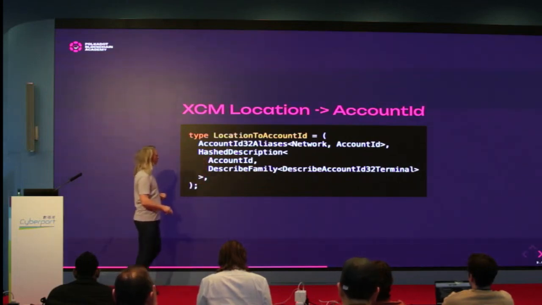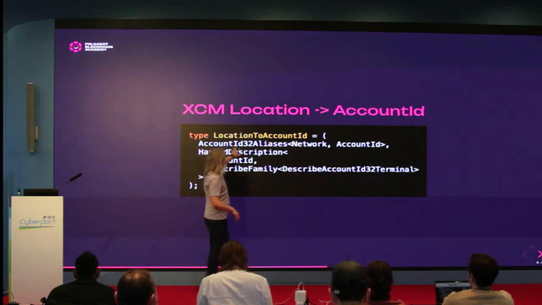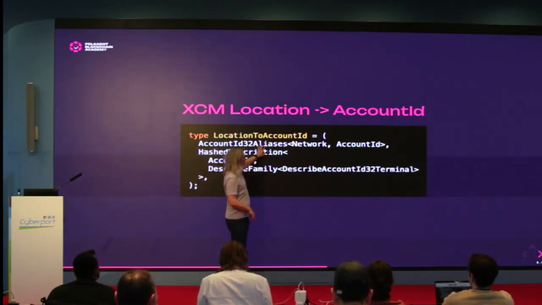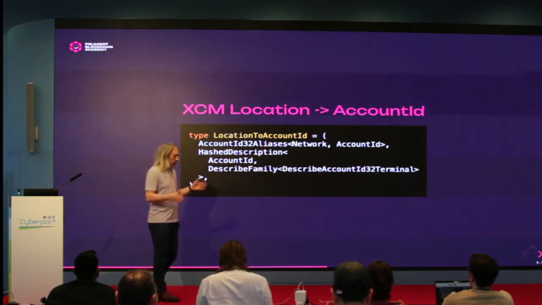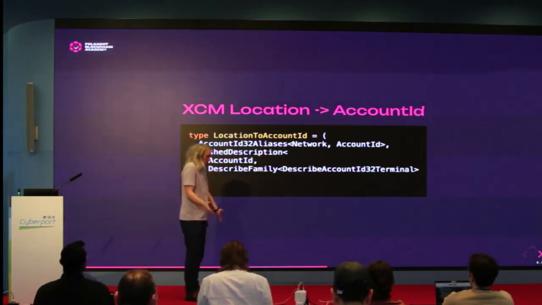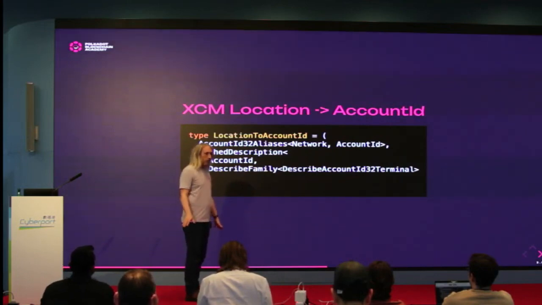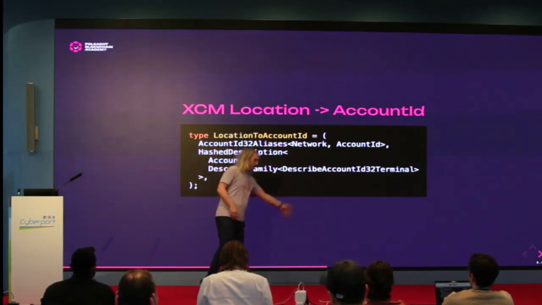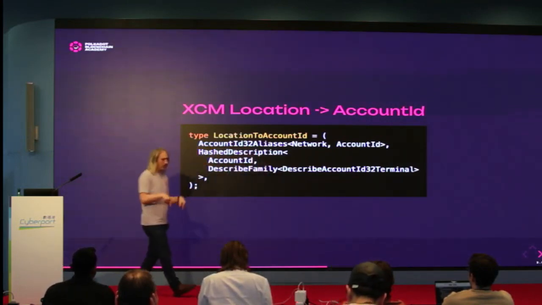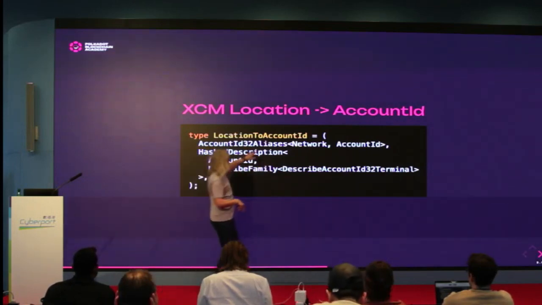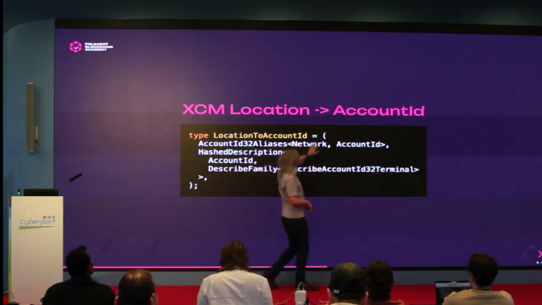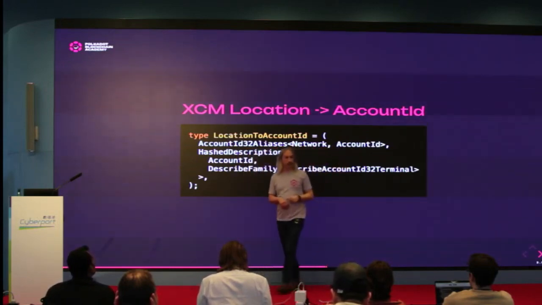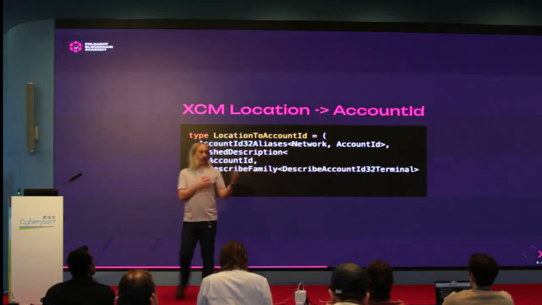Now, the first thing that we do is we say, well, if our location is an account ID 32 and nothing more, so we're not going to some other chain's account ID 32, it's just our account ID 32, then we alias it into that straight account ID. Yeah, we just equate them.